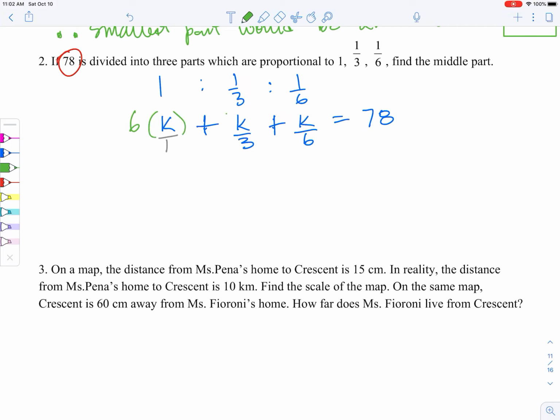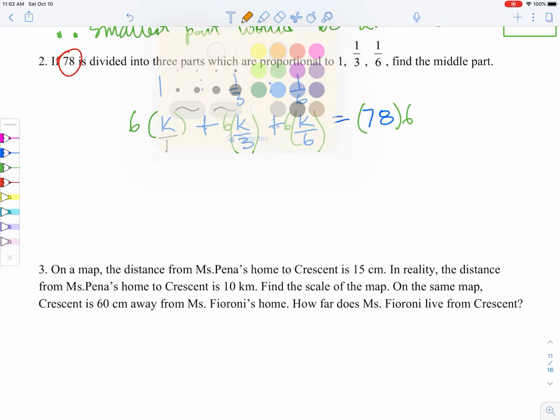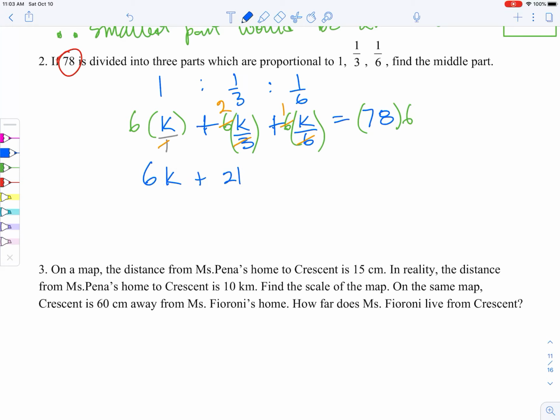So everything times 6, and we'll cancel. 1 goes into 6 just 6 times, 3 goes into 6 twice, 6 goes into 6 once, and we end up with 6k plus 2k plus 1k equals 78 times 6.